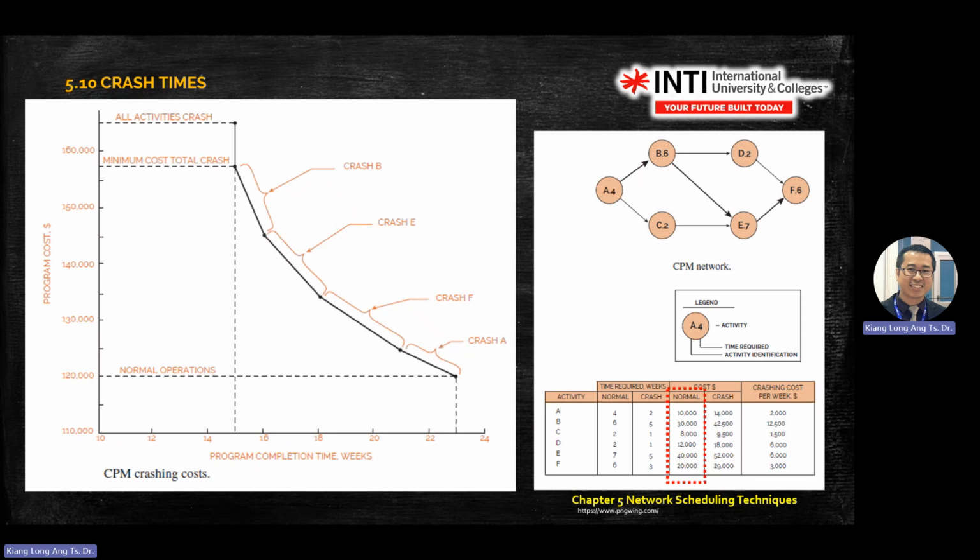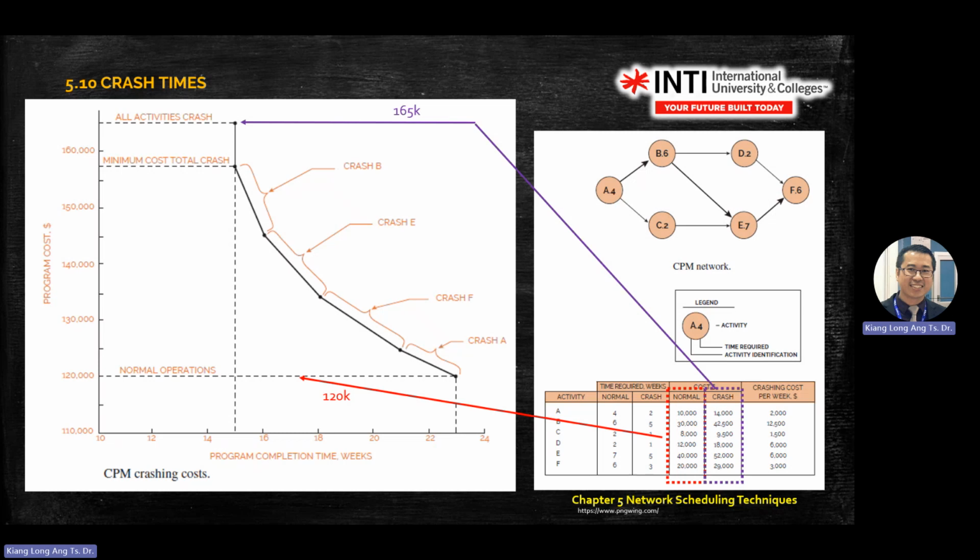Okay. Then how does this work out? You plot the graph, y-axis, x-axis. Then you start from the back here. How do you get 1,200? You add all the normal values here, you get 1,200, and you draw a line.